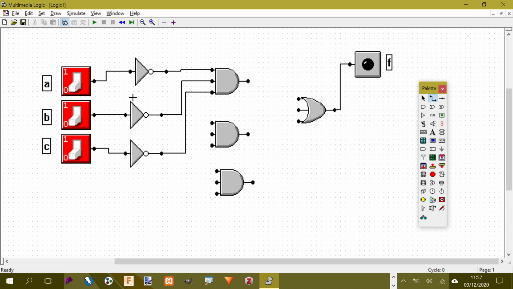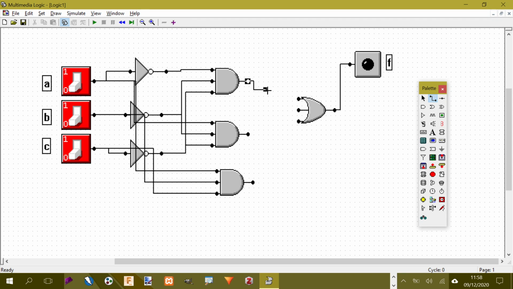So A, and then NOT B, NOT C. And the final min term was just A and B and C. And then they were all second level OR. And that goes to our final output.